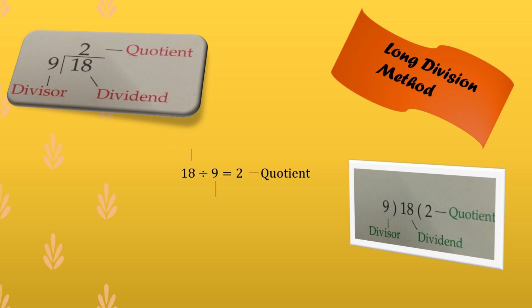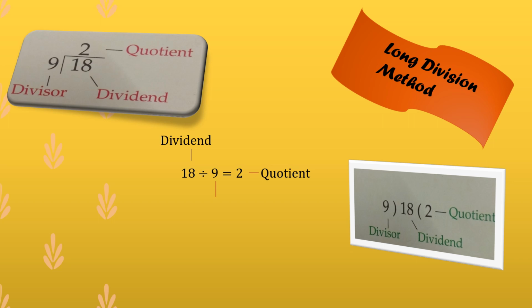So this answer which we get after doing division is called a quotient. And the number which is being divided, here 18, is called a dividend. Now the number which is dividing the dividend, that is 9. 9 is dividing the dividend 18, no?